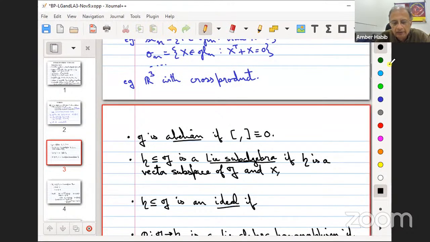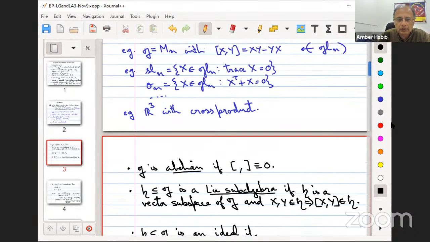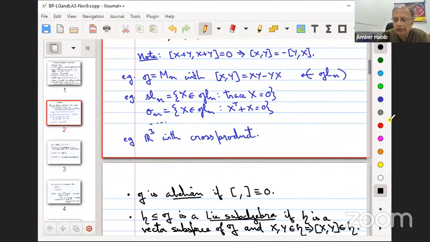So if X and Y belong to H, then the bracket belongs to H. So that's the definition of a Lie subalgebra. And on the previous slide, SLN, ON, UN, these are all Lie subalgebras of MN.